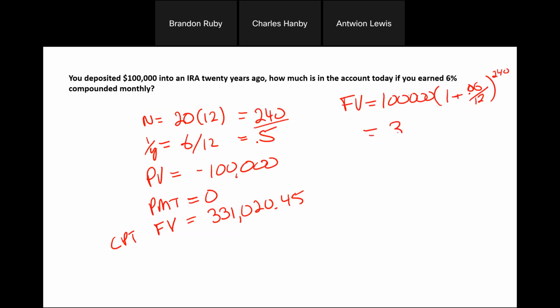And we should get the same number, $331,020.45.